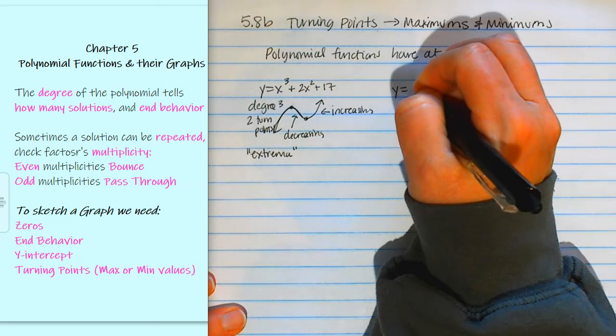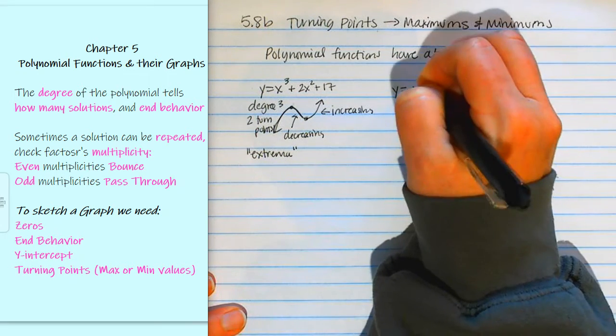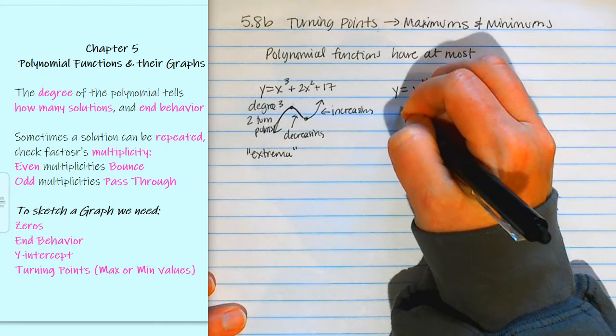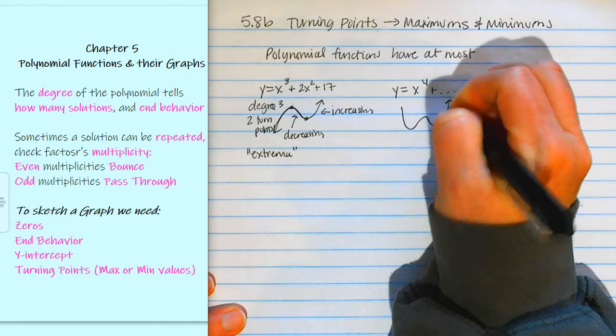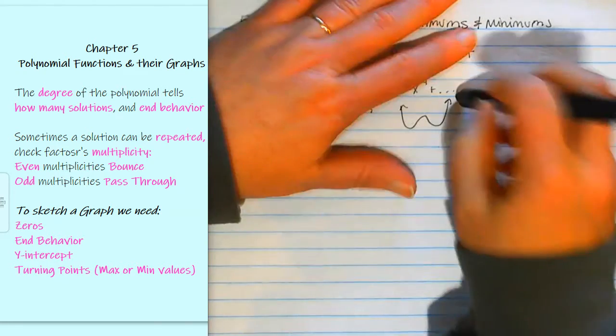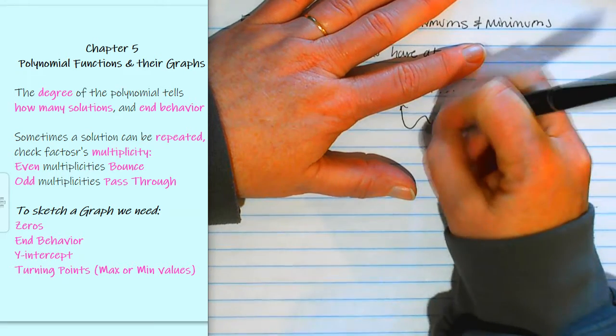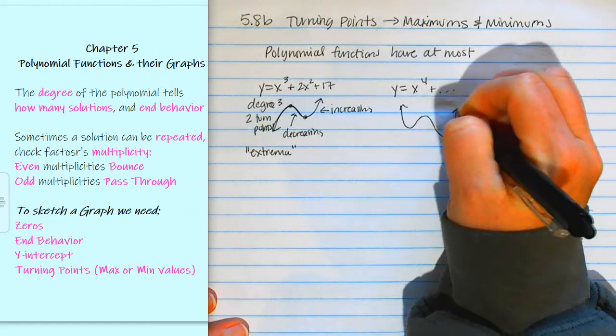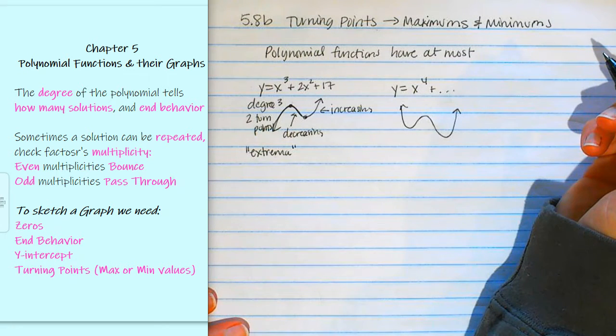The second example, let's say we have y equals x to the 4th plus something. This could look like a W. It could look like a W that is not symmetrical. It doesn't really matter.